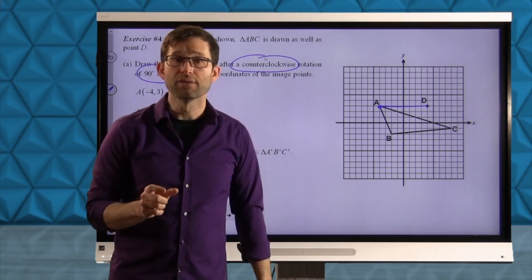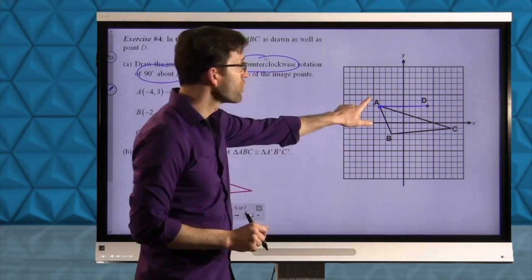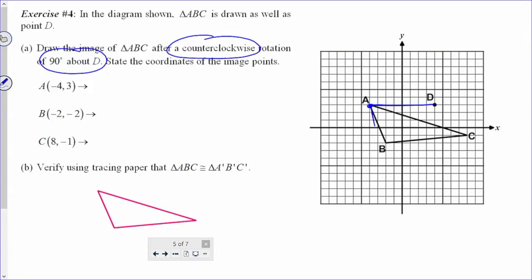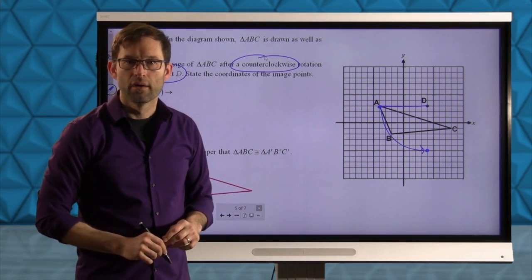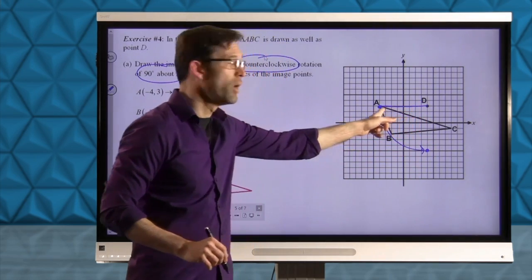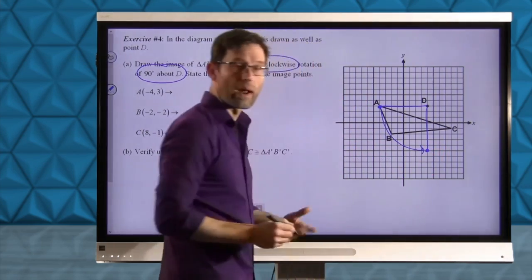My bet is you can already see what would happen to A. If A was rotated 90 degrees counterclockwise around D, it would go down like this and end up right there. It would be exactly the same amount under D as it was to the left of D, because a rotation is just moving a point around a circle.